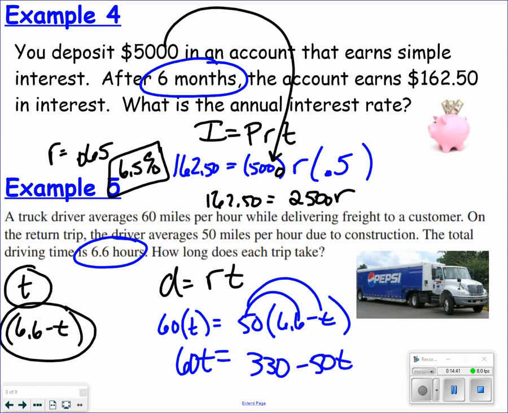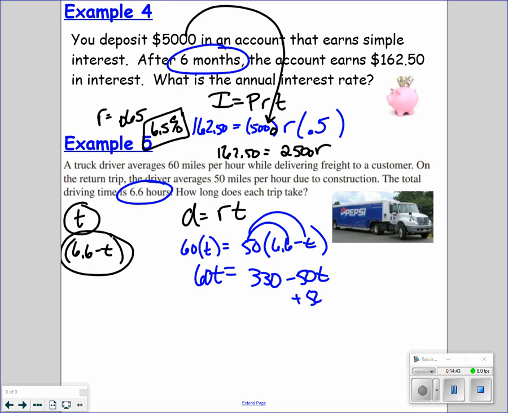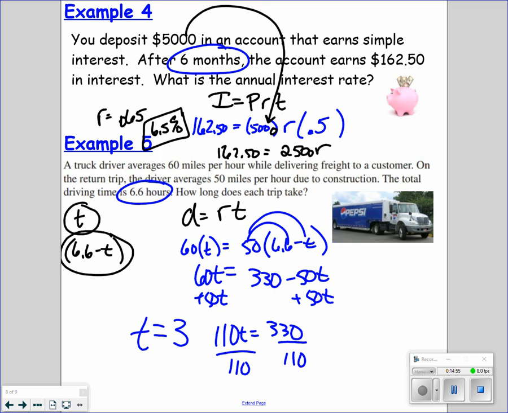I need to get the T's on the same side, so I'm going to add 50T, and I'm going to divide by 110. So T would equal 3. So one direction was 3 hours, and the other one then was 3.6 hours.